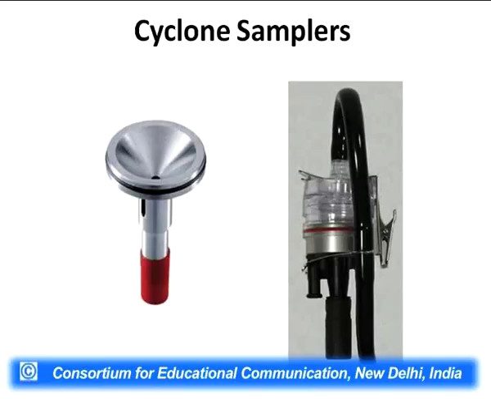These samplers can be installed onto the collar of a person, equipped with a motor or pump, and over time we can get concrete information and correlate it with the inhalation of the person who has installed it on his or her collar. Now, what are centrifugal samplers?